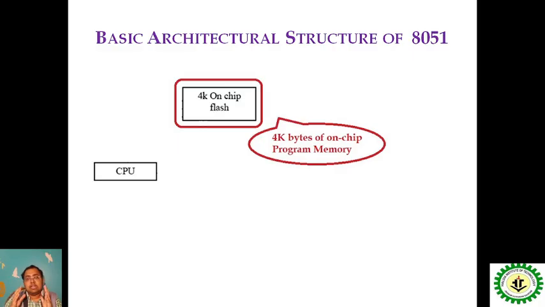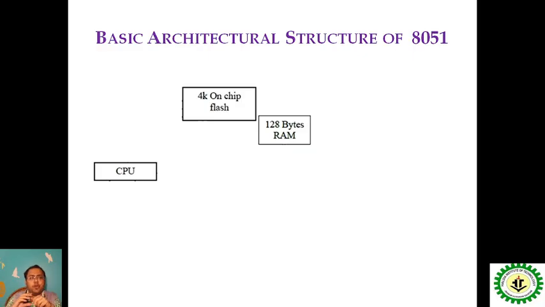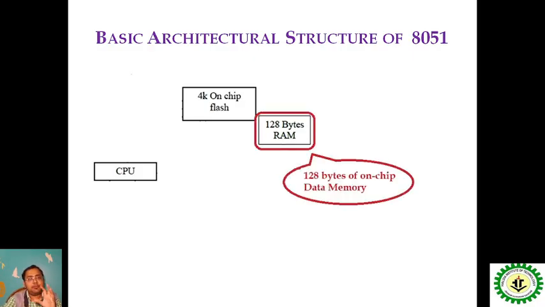That means internally it has 4 kilobytes of space, and that space is used to store the program within the 8051 microcontroller. Apart from this on-chip ROM, it has an on-chip RAM also, and this on-chip RAM size is 128 bytes. This 128 bytes is also known as the on-chip data memory RAM. That means this memory location is mainly used to store the data during any kind of operations.